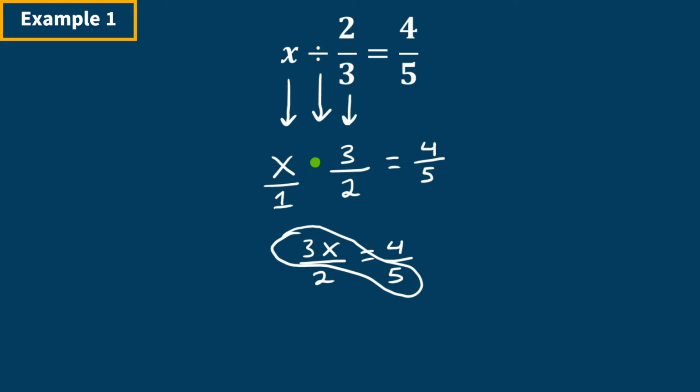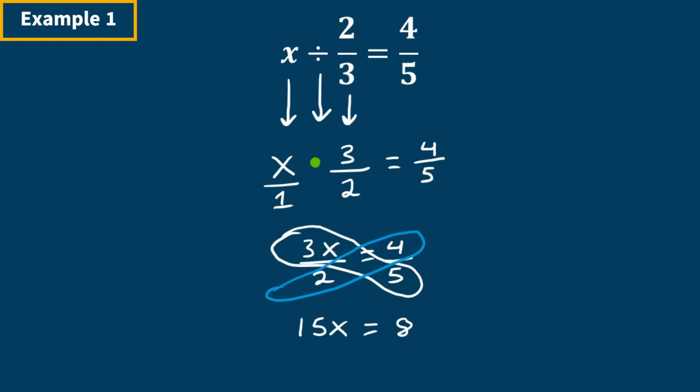So the first diagonal here is 3x, and then we're going to multiply that times 5. So 3x times 5 is 15x, and that is going to be equal to the other cross product here, which is the 2 and the 4. So we multiply those. 2 times 4, that's going to give us 8.